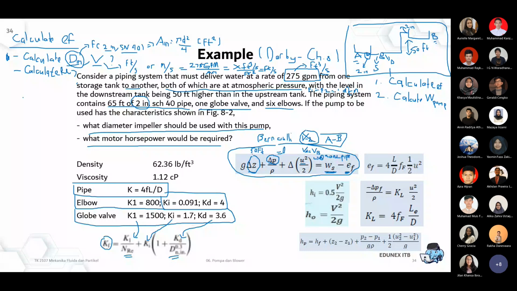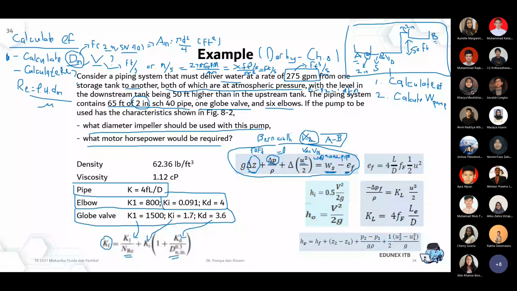Then you can calculate your Reynolds number, rho v D over mu. If the number is not provided, then you can assume the typical density and the typical viscosity. If the number is provided, use the density and the viscosity directly.